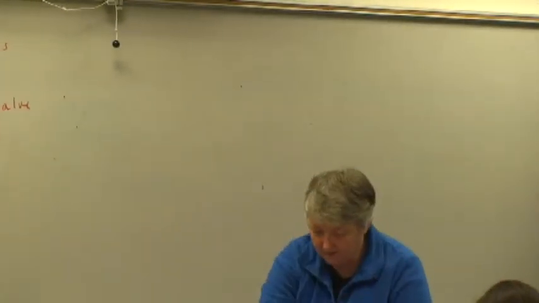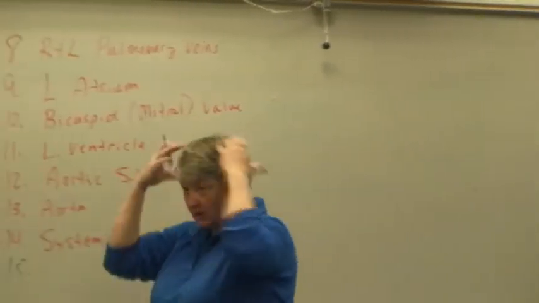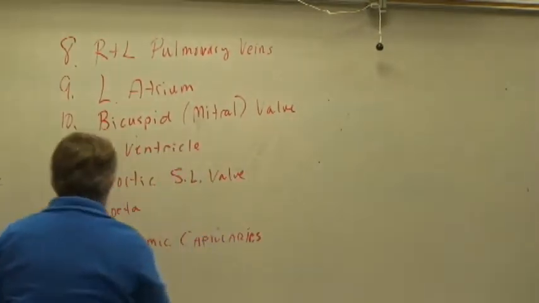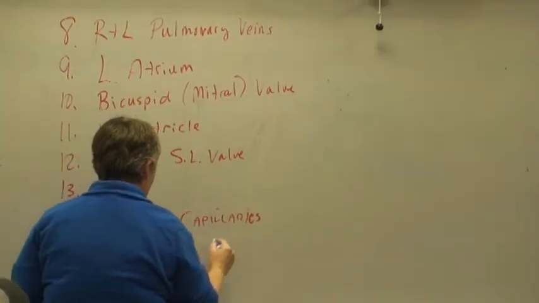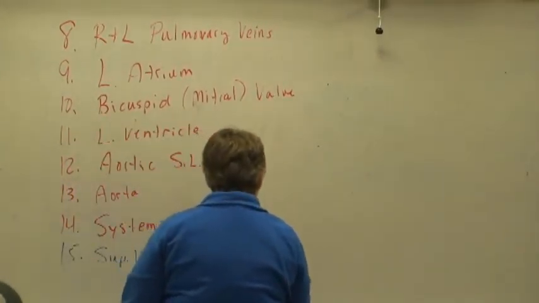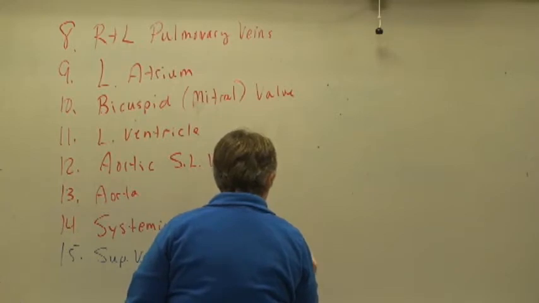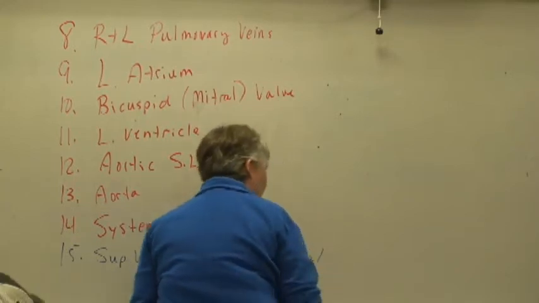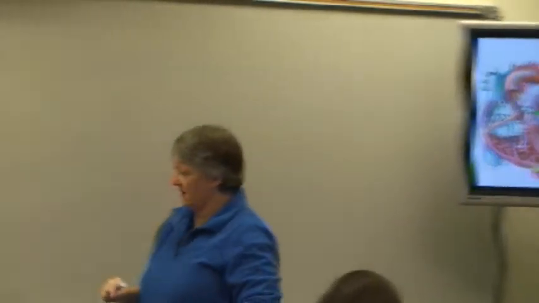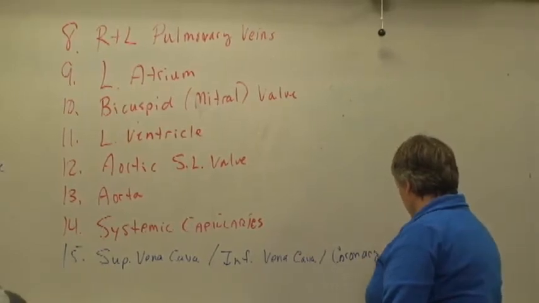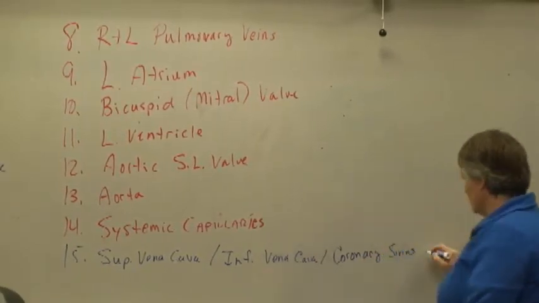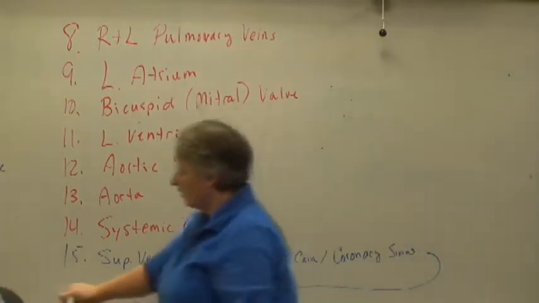And then that blood eventually is collected, depending on where it's coming from, either by the superior vena cava or inferior vena cava, or if it passed through the coronary arteries, through the heart muscle tissue itself, the coronary sinus. And of course, those vessels all take the blood back to the right.